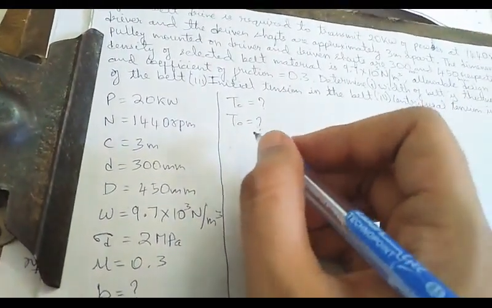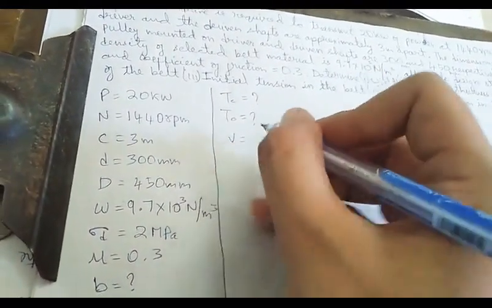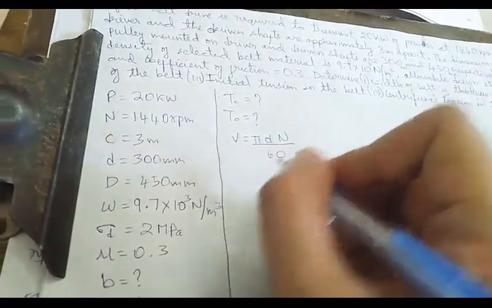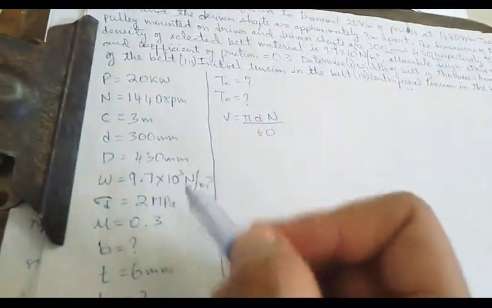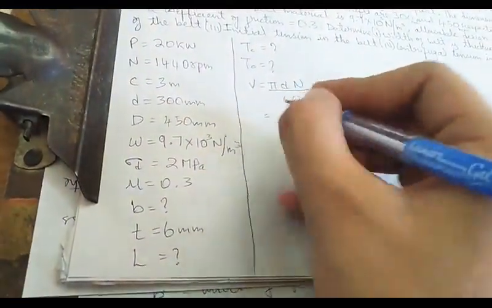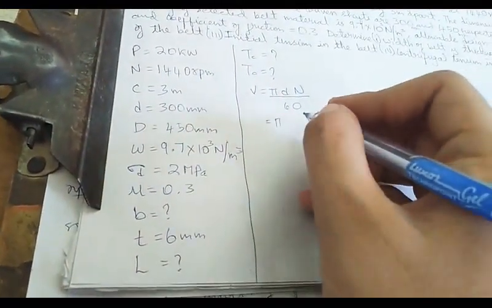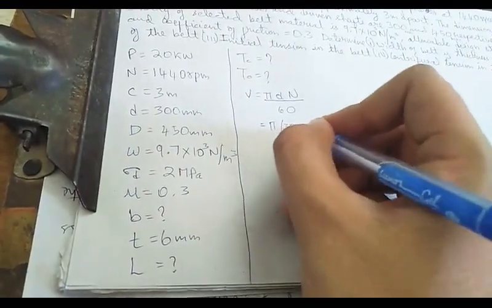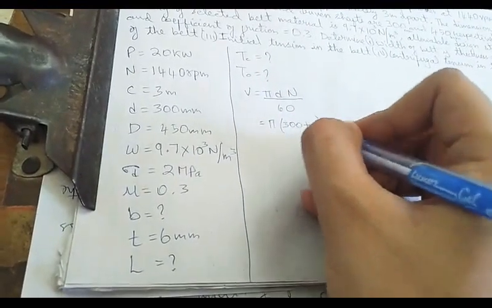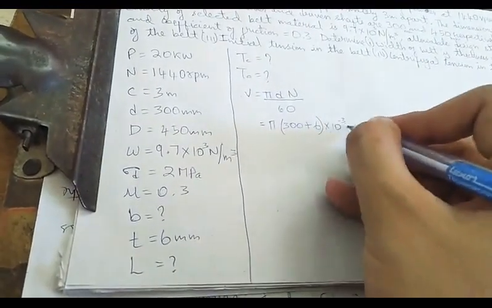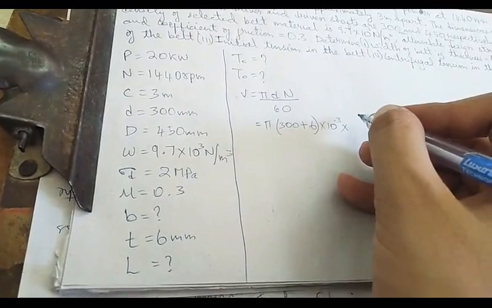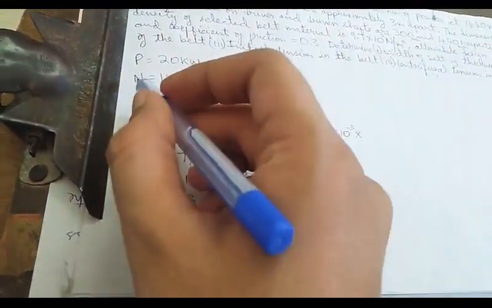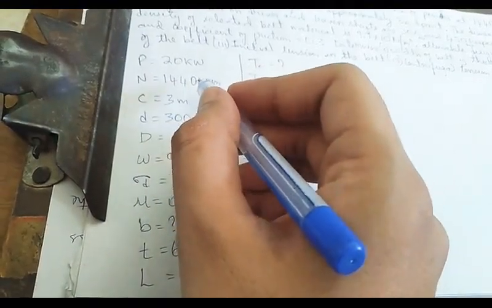So before proceeding with the problem, we shall find the velocity, pi dn by 60. Since they have given thickness, we shall consider thickness also. Pi into d plus t. D is 300 mm plus t is 6 mm into 10 power minus 3. Speed they have given 1440 rpm.